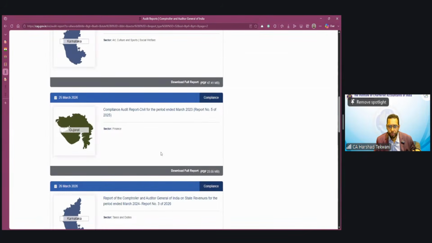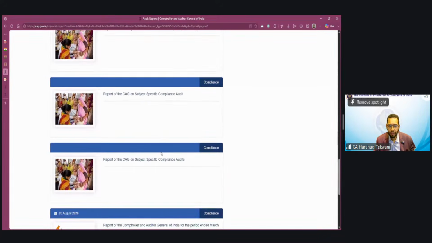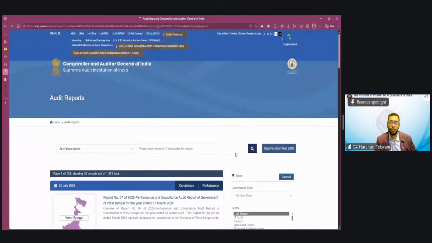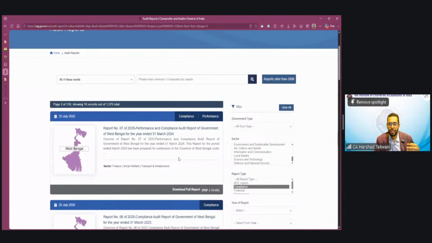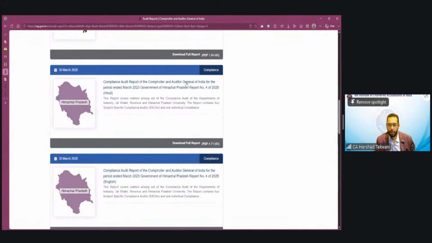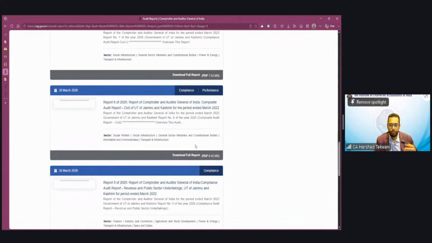If there is a local body, it will be very helpful to understand, or specifically a scheme, because scheme related compliance audit reports are very good for understanding any particular area.